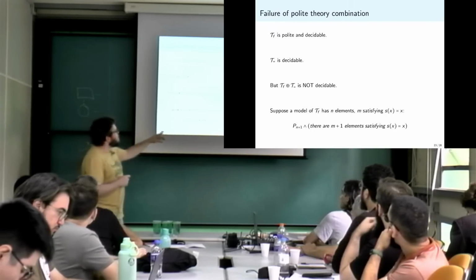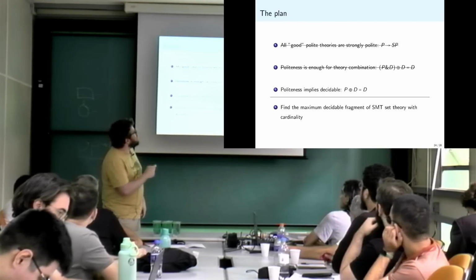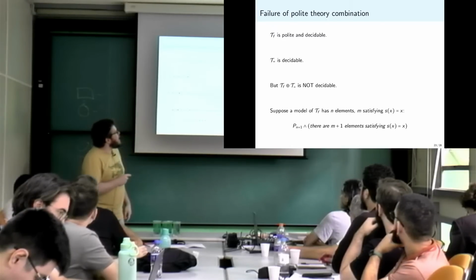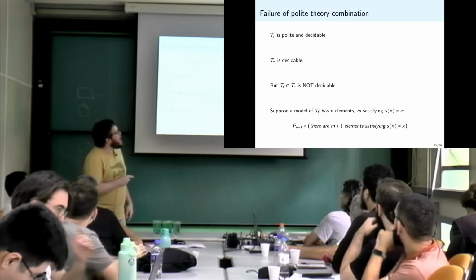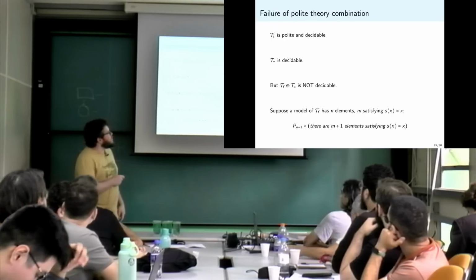Why? To see that, suppose a model has n elements, m are in loops, and then you consider this formula.